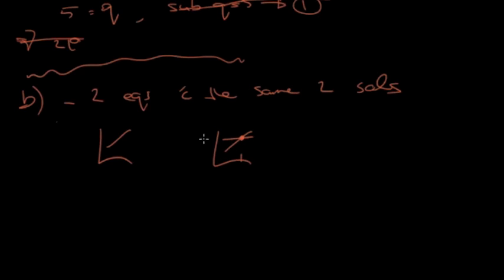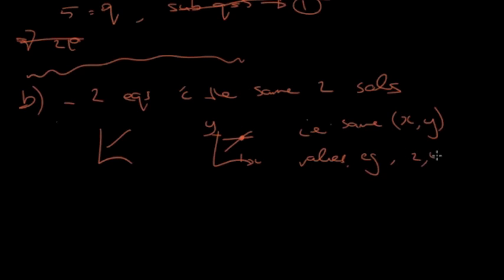So that's a set x value and a set y value, or a set p value and a set q value, or whichever variables we happen to be using. So i.e. same x, y values, e.g. 2, 4, 1, 2, 1, 2, 3, 4, something like that.